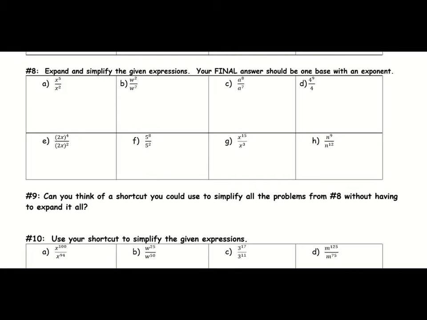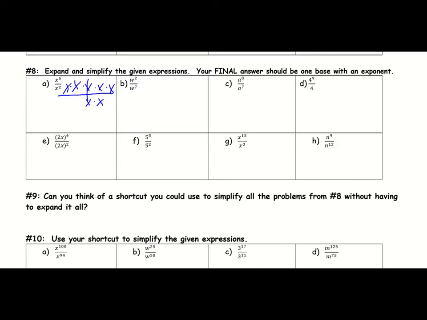So letter A, we've got x to the fifth over x squared. So x to the fifth, that would mean x times x times x times x times x. I'll put it on the left because I was running out of room. Over, on the bottom, we have x squared, x times x. Now, the neat thing about division is if you have the same thing on top and bottom, those things are going to cancel out and give you a value of 1.